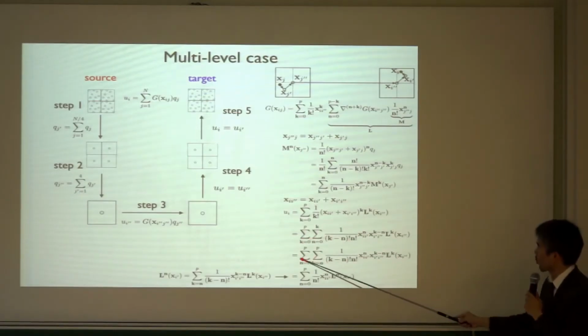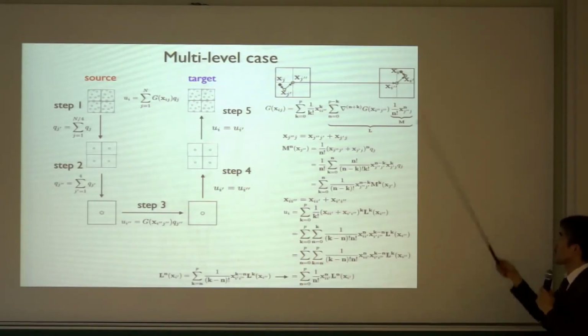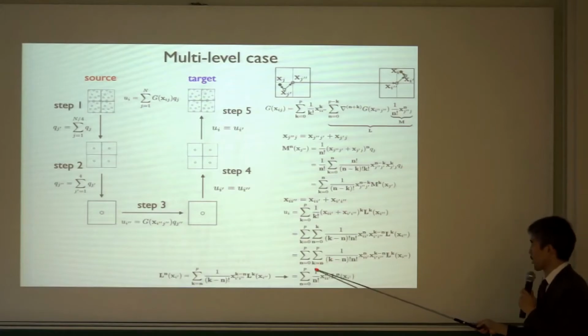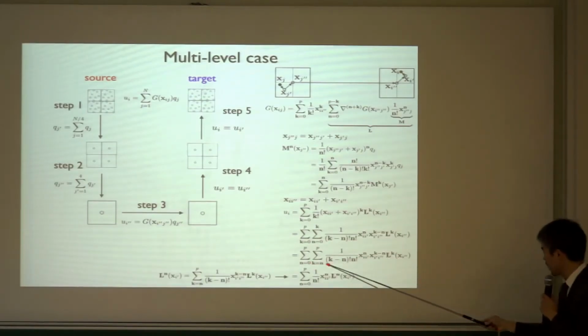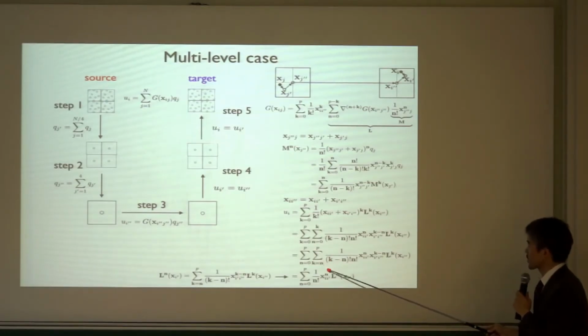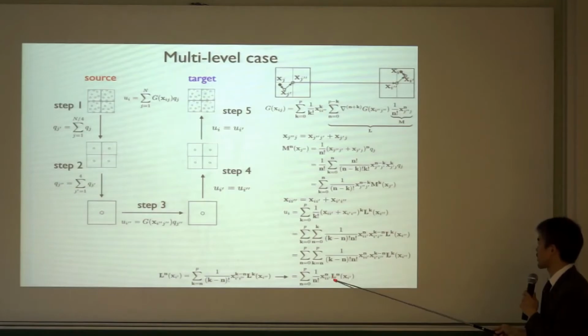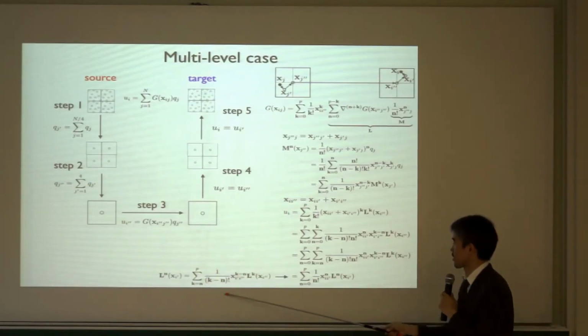We swap the order of the n summation with the k summation. We swap the 2 again. The same thing we did before for the multipole to local part. And then with this term, this will be equal to this if ln was this thing here.